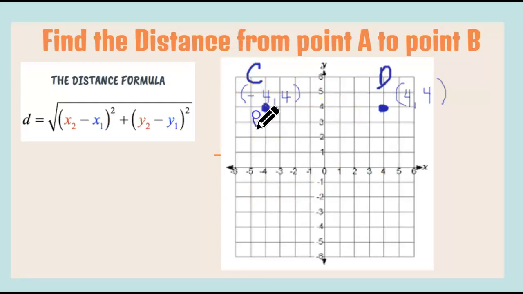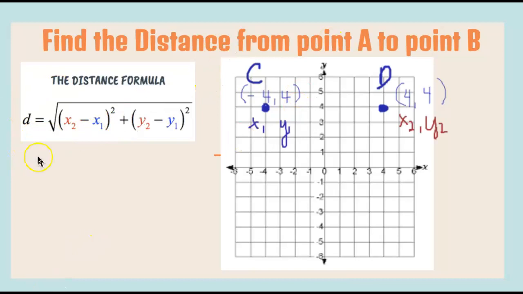So this is going to be our x1, and that will be our y1. And then D will be our point 2. So that's going to be our second x coordinate and the second y coordinate. Then let's substitute those values into the formula.